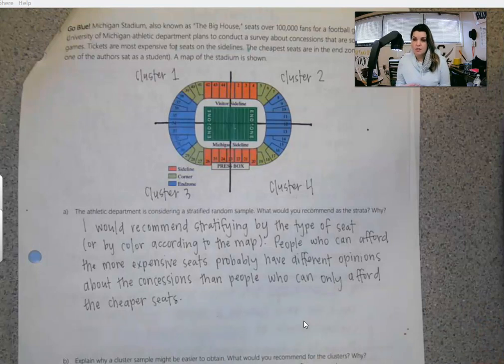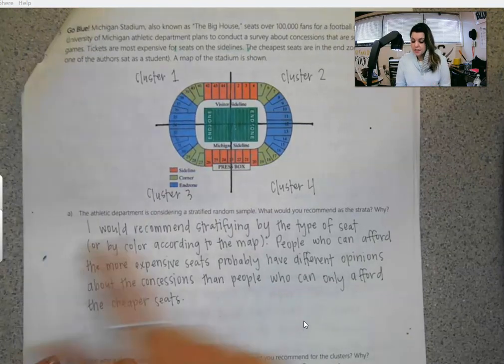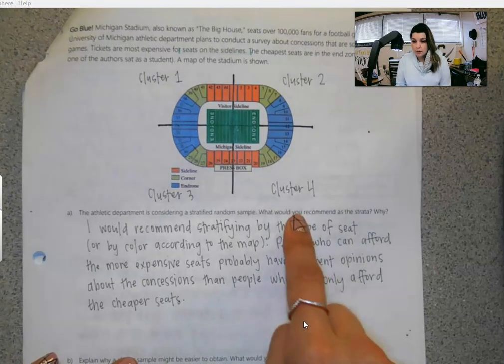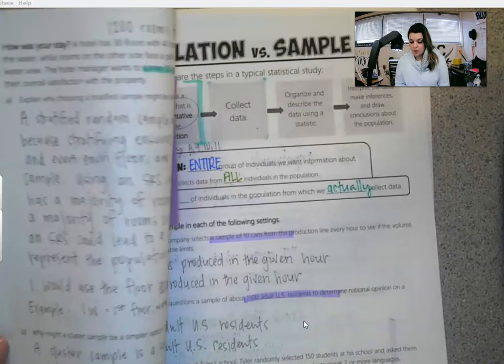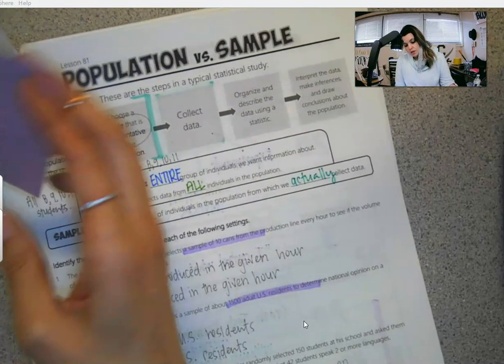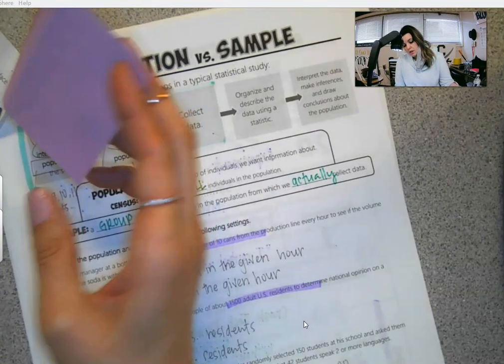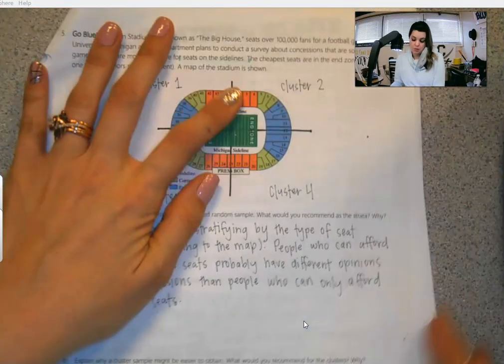If you have the cheaper seats, maybe you don't want to pay $10 for a hot dog, so you're going to spend less money on concessions. Notice here that it just says, what would you recommend as strata and why? So all I had to do on this problem was say what and why.